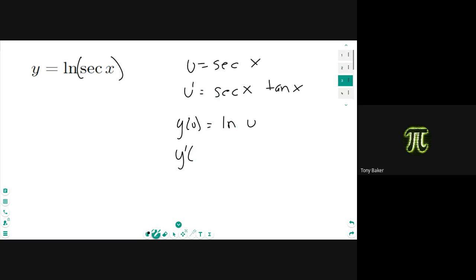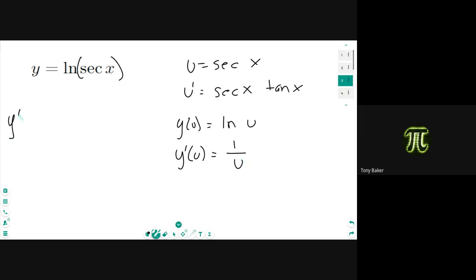So this one we have to do chain rule because that's inside of the ln. So u is secant of x. u prime is secant x tangent x. Then y of u is ln of u. y prime of u is 1 over u.